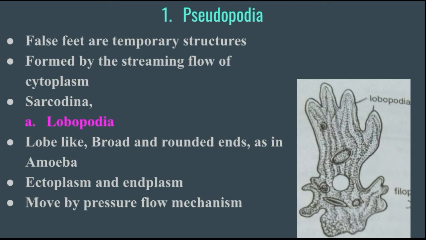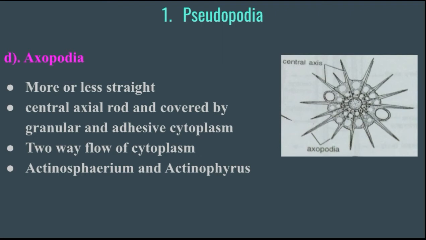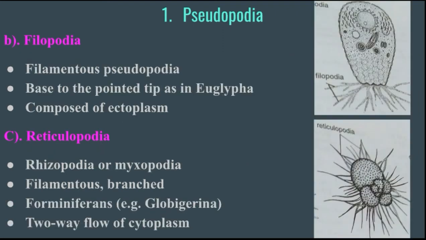In that slide, one spelling mistake is there: the word endoplasm is missing an O. So the lobopodia is composed of ectoplasm and endoplasm, and lobopodia move by a pressure flow mechanism. This is the lobopodia.